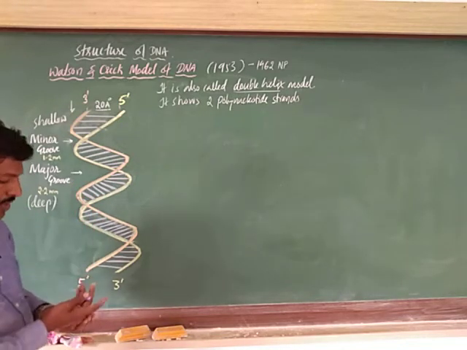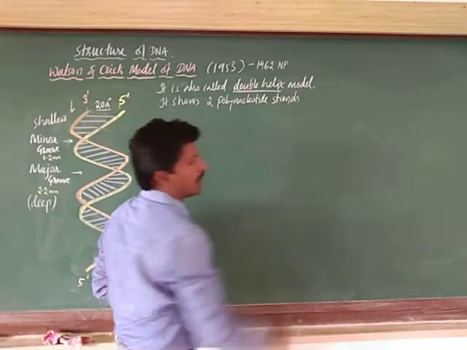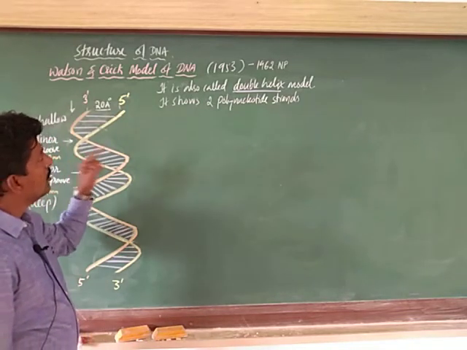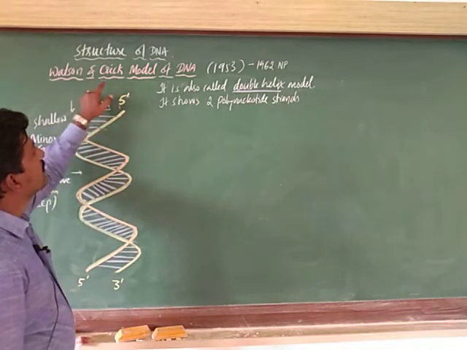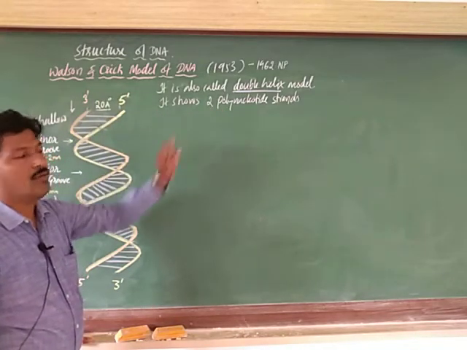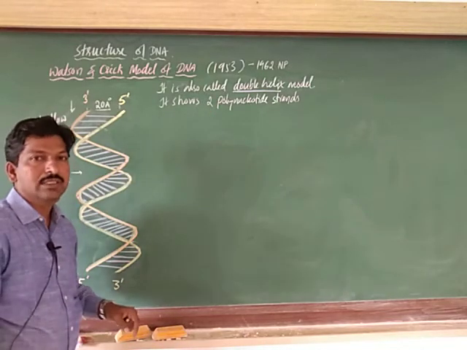We call it the double helix model of DNA, which is also called the Watson and Crick model of DNA.